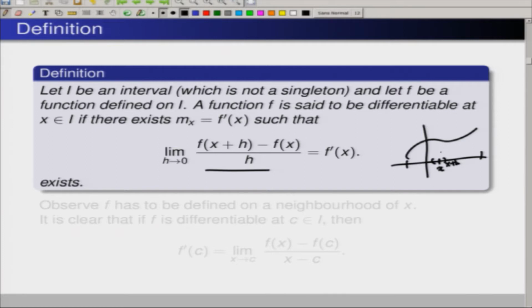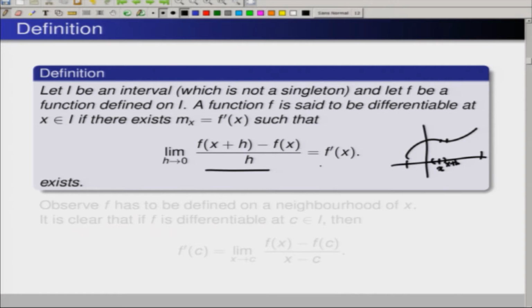Now, f of x plus h minus f of x by h is nothing but the Newtonian quotient. If h goes to 0, that means x 2 here is x plus h and x 1 is x, so x 2 minus x 1 is h. Now, x 2 going to x 1 means h goes to 0.